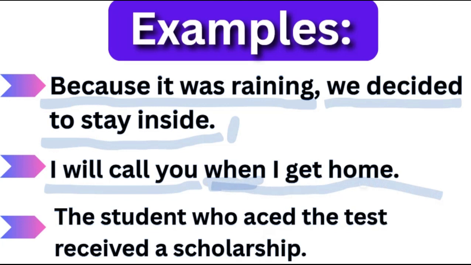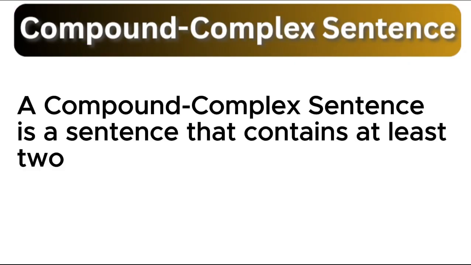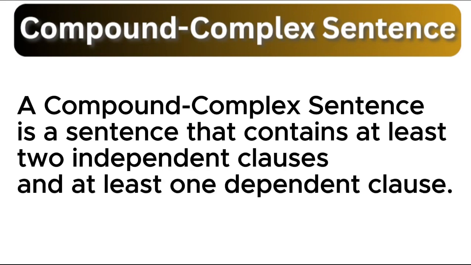The student who aced the test received a scholarship. In this case, the student received a scholarship is the independent clause, and who aced the test is the dependent clause. It adds extra information about the student. Using complex sentences makes your writing more mature and deep because you're able to connect different ideas in one sentence. Got it?